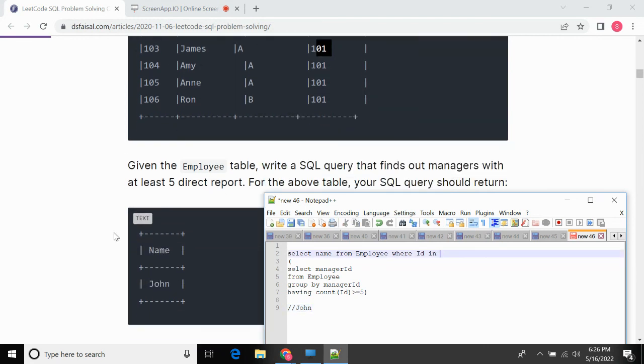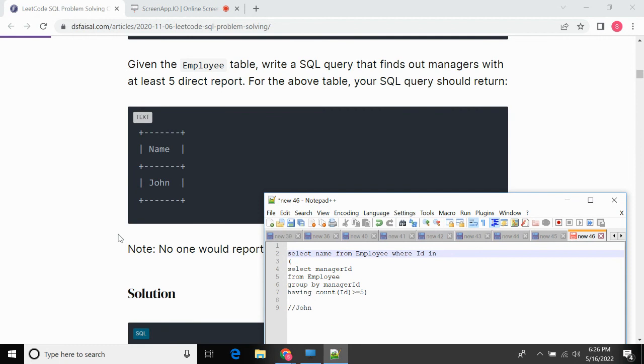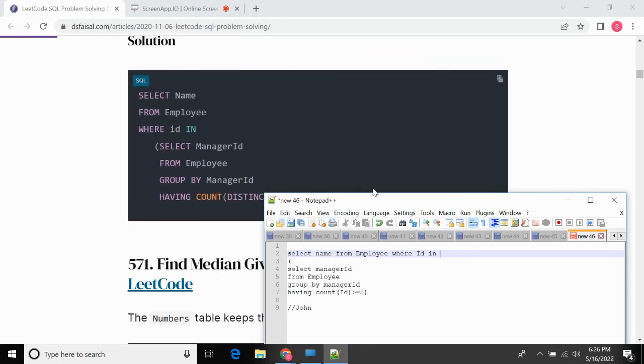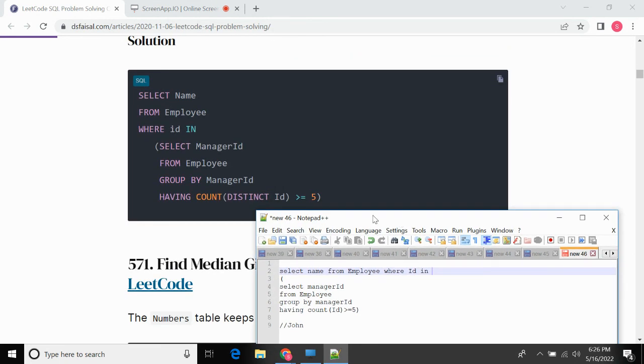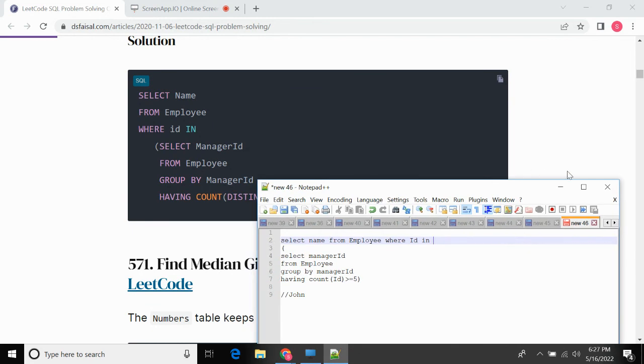Now let's validate this. Select name from employee where ID in, select manager ID from employee group by manager ID having count greater than or equal to 5. It's matching.